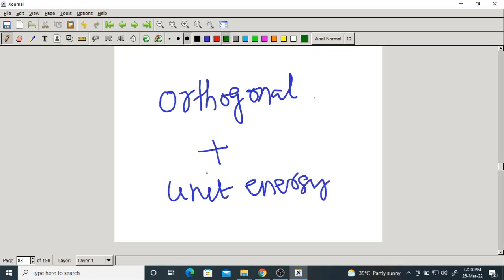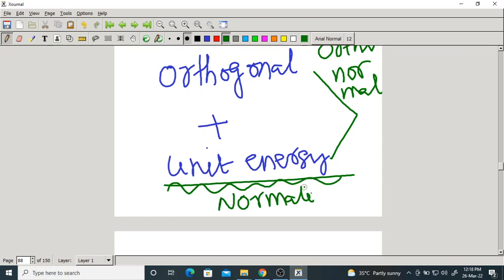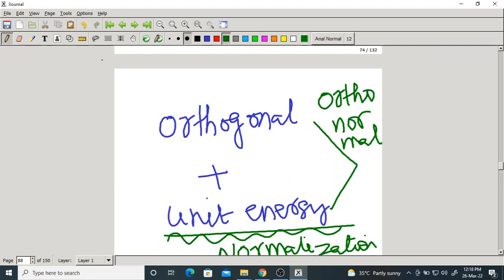If these two are combined, it is called orthonormal. So unit energy means normalization simply. What does normalization mean? Divide the quantity by its magnitude.